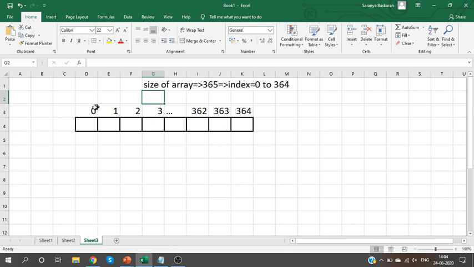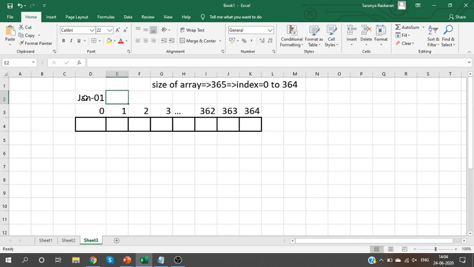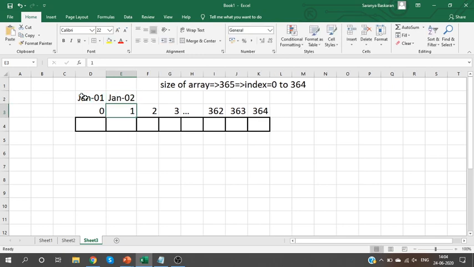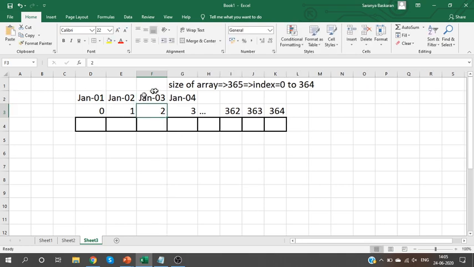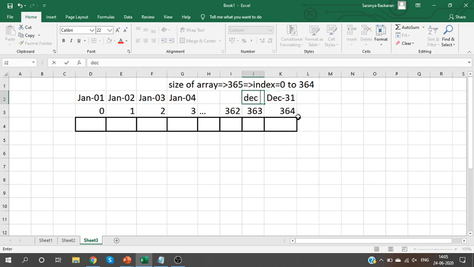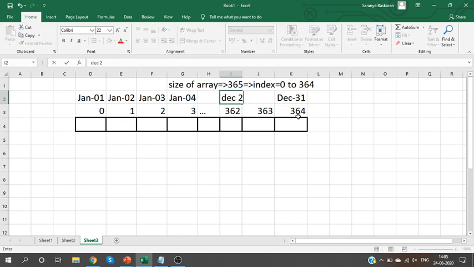So, what does it mean? 0th index is Jan 1st. Next index is Jan 2nd. Next is Jan 3rd, and Jan 4th. Like that it goes on. The last, 364th index, is December 31st. 363 is December 30, then December 29.